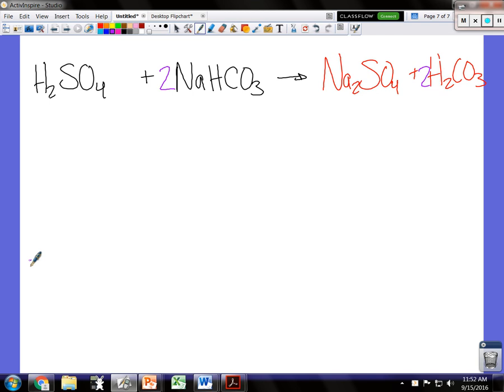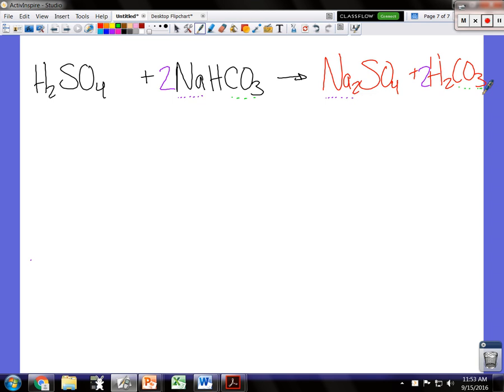The reason I know that is because look right here in black. In black I had 1 Na, right? In red, how many Nas do I have there? 2. Well, that took care of that for me. Now, it took care of the carbonate. Now, let's recount them. I've got 2 plus 2 H's is 4.